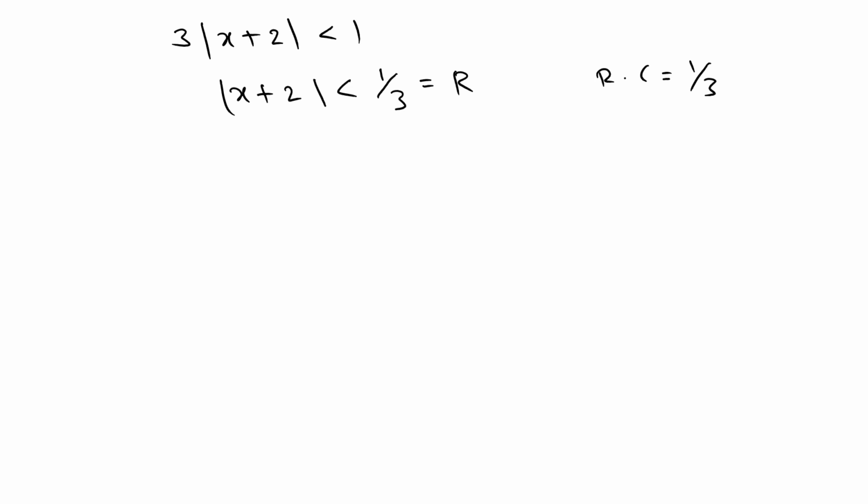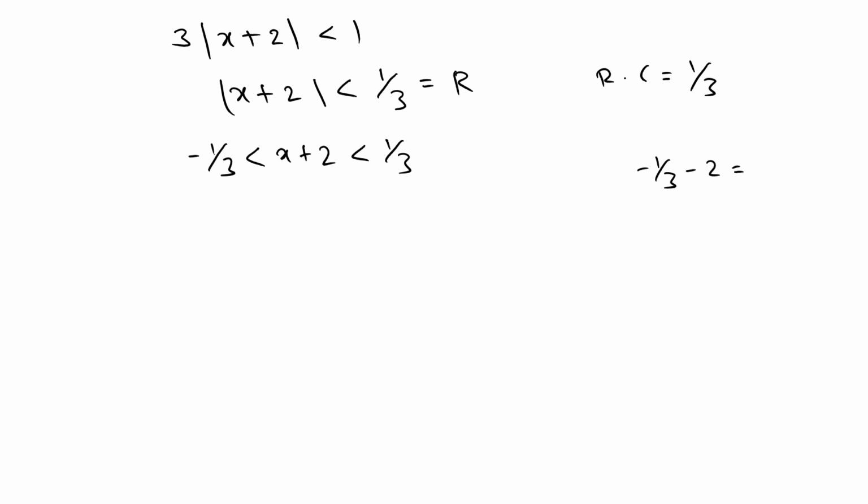Now we can write the rest. We can write this as x plus 2 between negative 1/3 and 1/3. Now we're going to subtract 2 from both sides. One is negative 1/3 minus 2.